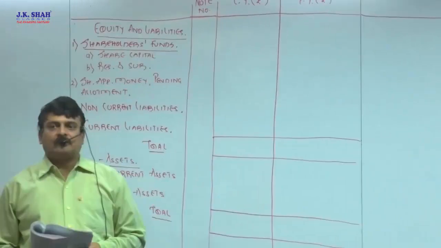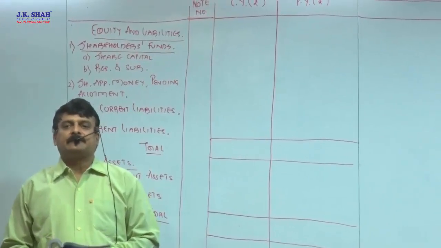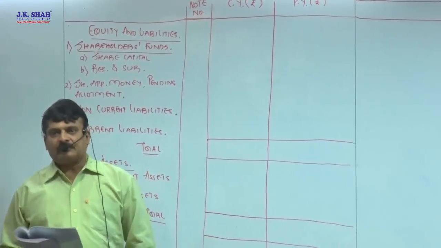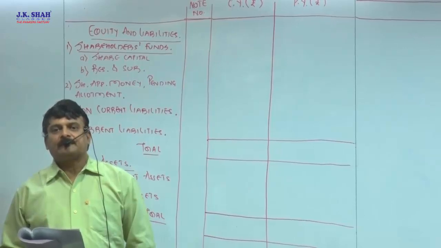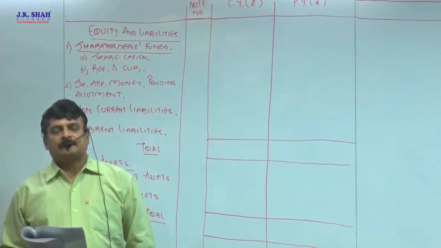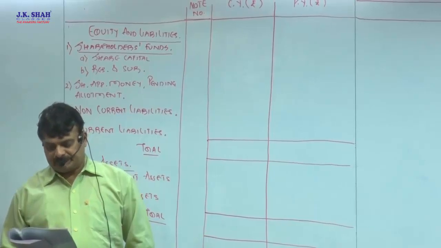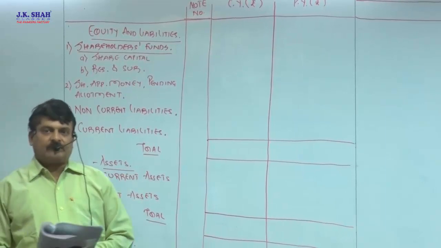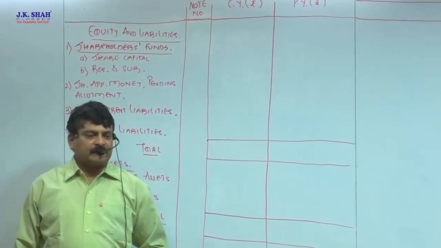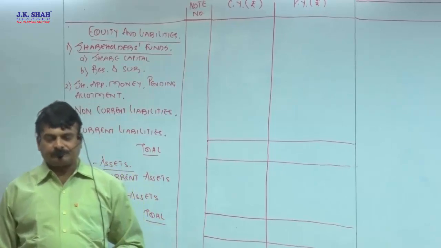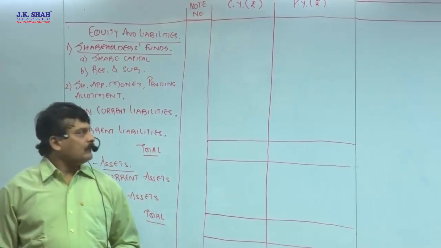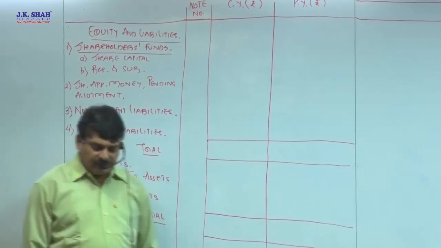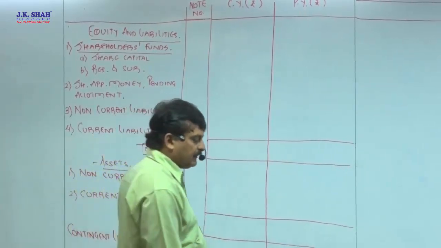Next line, total. Against total, the total box. Below total, write down contingent liabilities and commitments.